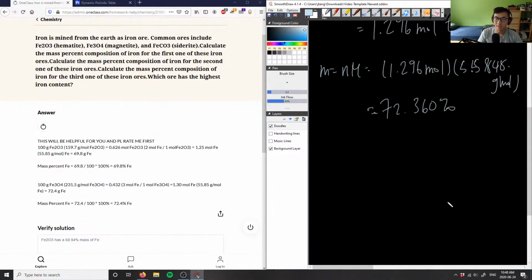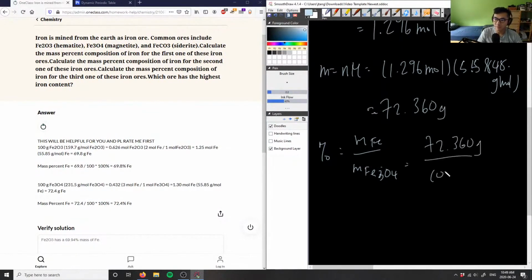And then we can calculate our mass percent, right? So percent is going to equal the mass of our Fe divided by the mass of our Fe3O4, which is 72. Sorry, this isn't percent. This is in grams. 0.360 grams divided by 100 grams times 100%.